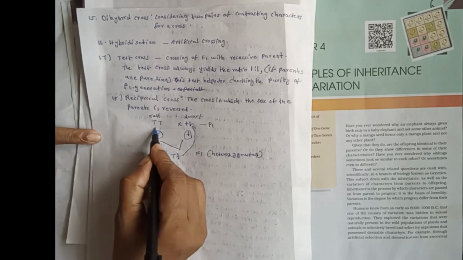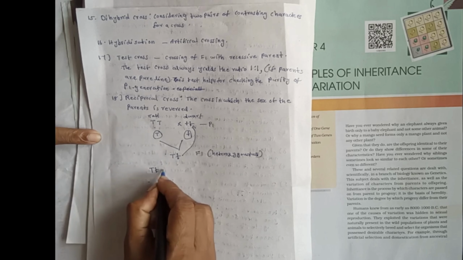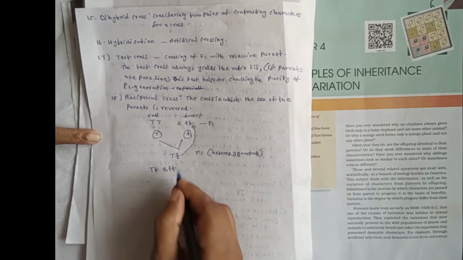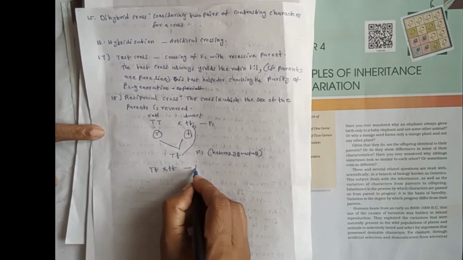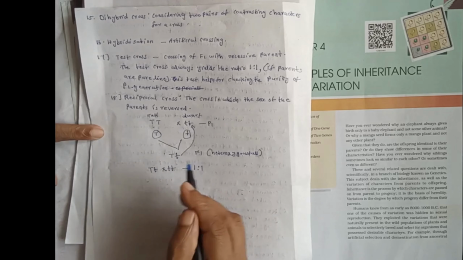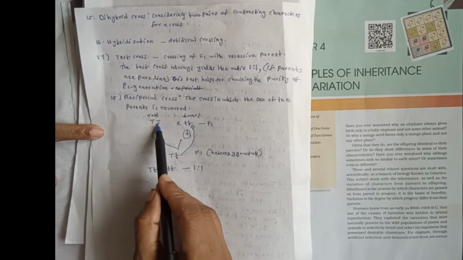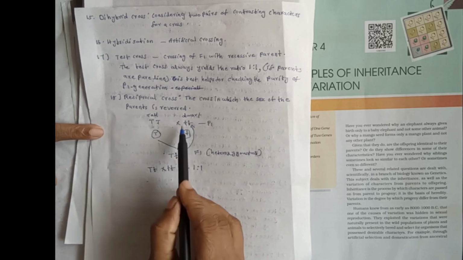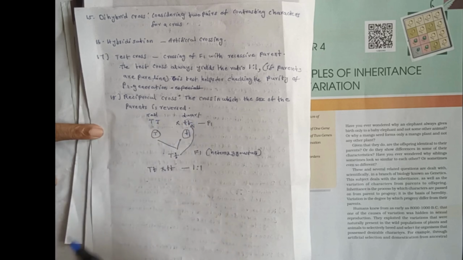This is dominant and this is the recessive parent. Such a cross is known as test cross. We get one tall and one dwarf. This test is usually used for checking the purity of the gametes. We should take homozygous parental generation for testing or crossing.